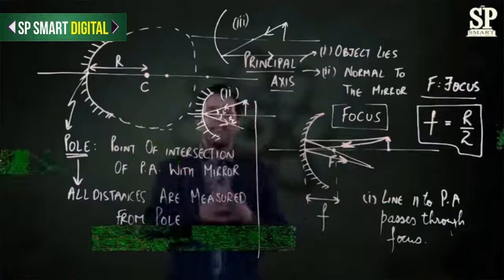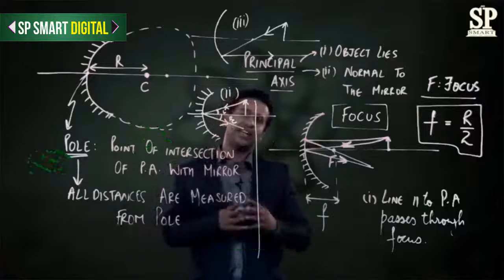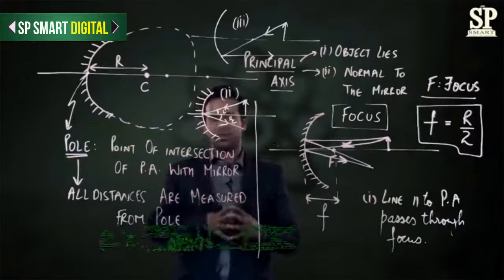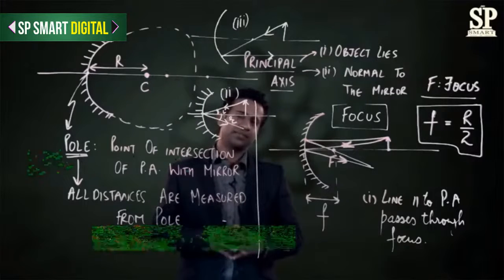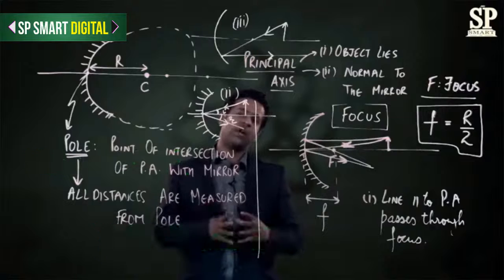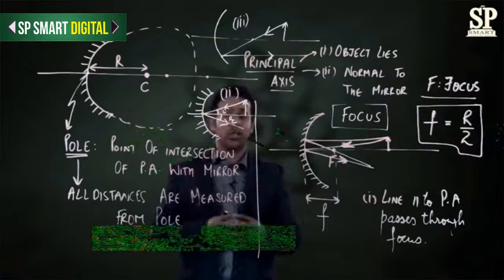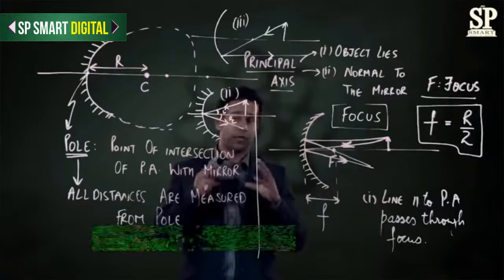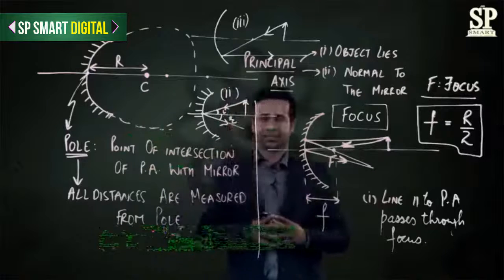Now, whenever the light source is at a great distance, the light rays coming from that source become nearly parallel to the principal axis. As a result, if you use a concave mirror, all the light that is falling on the mirror gets concentrated on the focus.